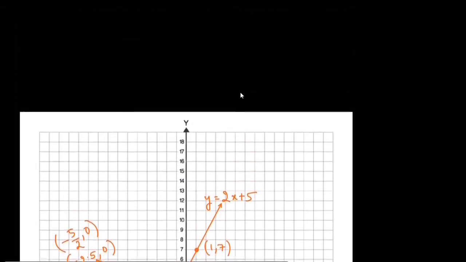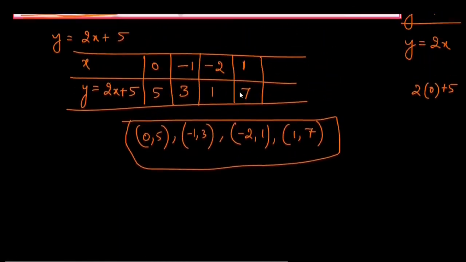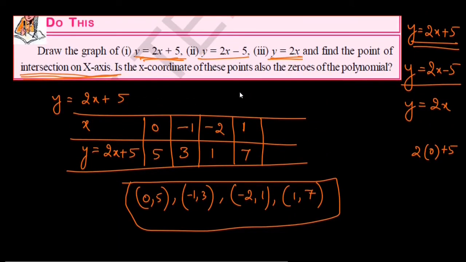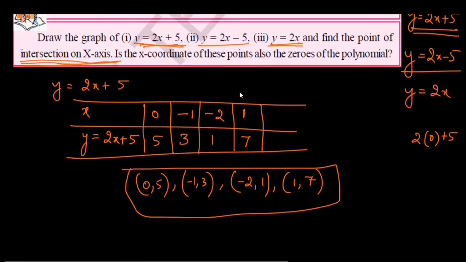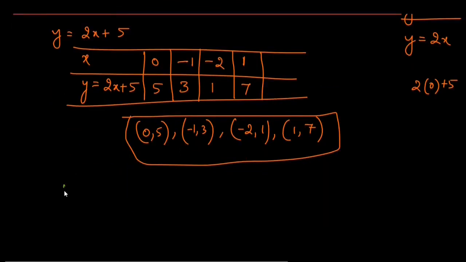Now let us take another linear polynomial, y is equal to 2x minus 5.